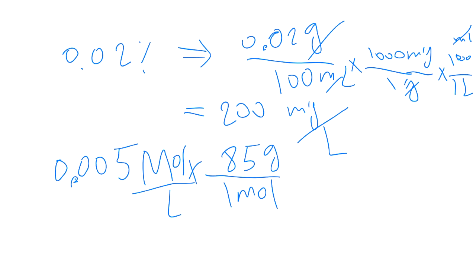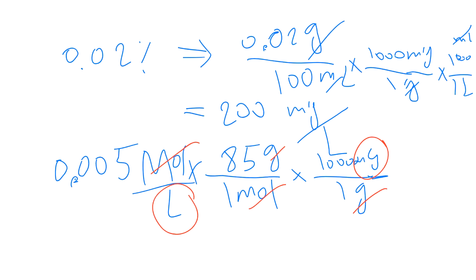So times 1000 milligram over 1 gram. So what you need to cancel here, you need to cancel the gram. You need to cancel mole. What you end up with is going to be milligram per liter. So you just have to do the calculation. Okay. 425 milligram per liter, perfect.